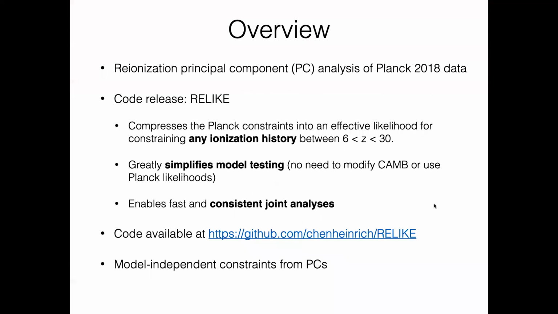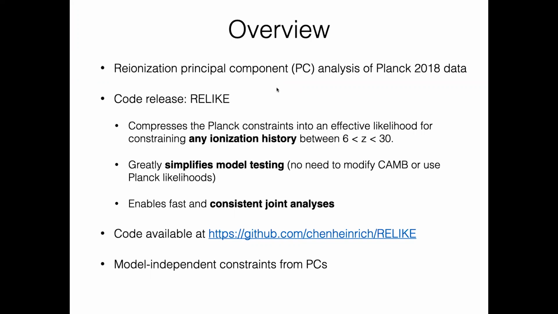I'll start by giving you a bit of background on why it's important to study reionization for cosmology and various different fields, and in particular the technique we use called principal components, which allows us to compress this legacy Planck data that we have, the best measurement so far of the large scale CMB, the full sky data set.